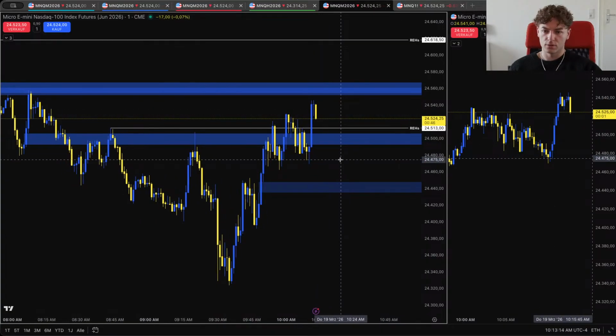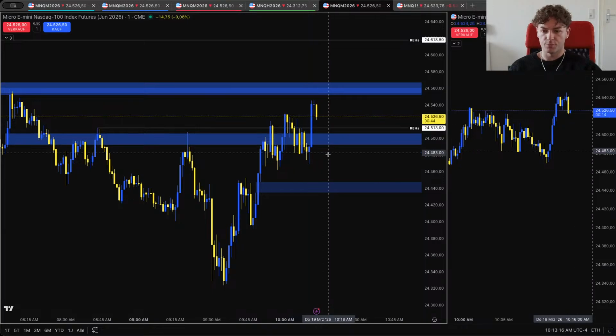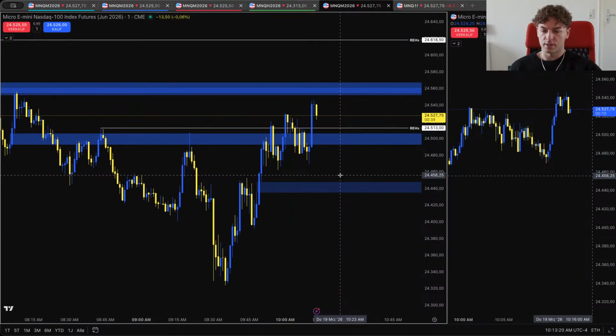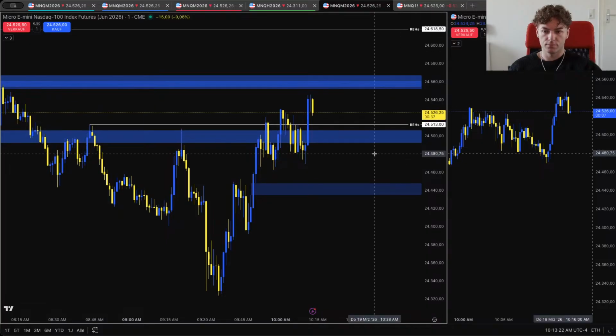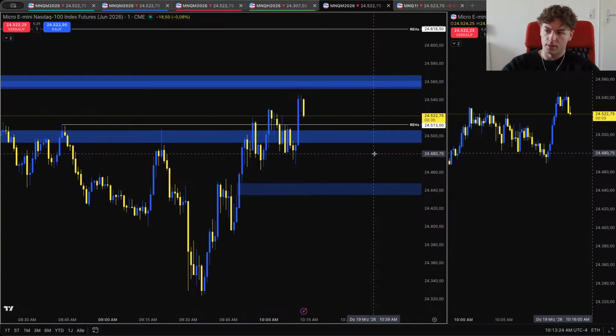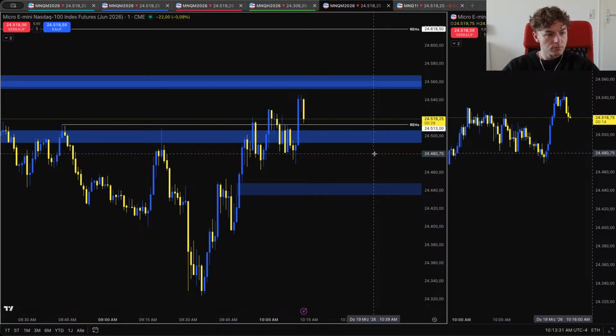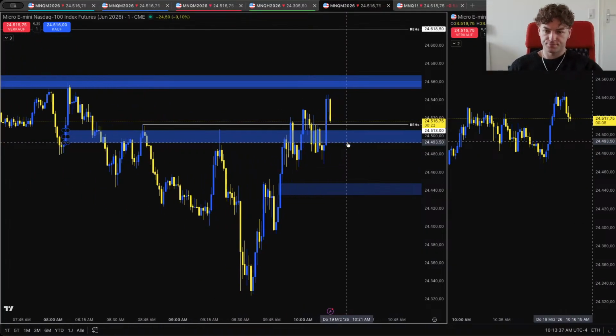Of course, if my setup presents itself before 10:30, I guess I would take it if it looks good, but this remains to be seen. So, fake bull flag, retail going long right now.